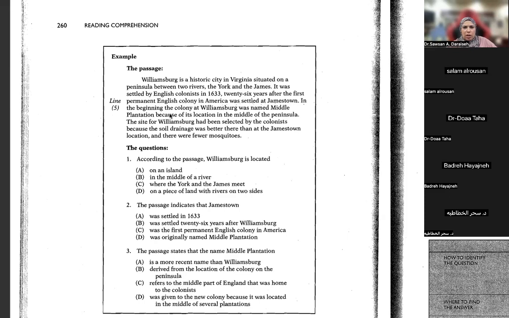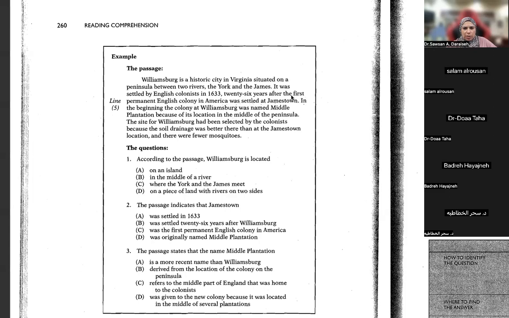In the beginning, the colony at Williamsburg was named Middle Plantation. So anyway, we want information about Jamestown. I think we already read the information about Jamestown. Was it settled in 1633? No, we said that it was Williamsburg that was settled in 1633, not Jamestown. This is what we're talking about. Williamsburg was created as a colony in this year, 26 years after the first colony, which is Jamestown.